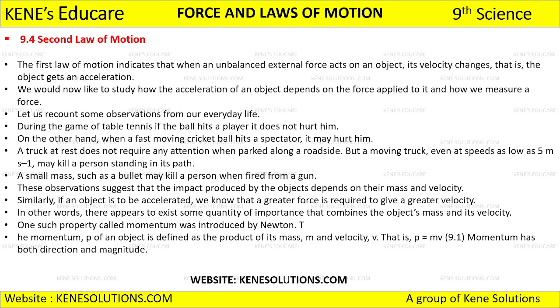The first law of motion indicates that when an unbalanced external force acts on an object, the force is unbalanced and it is external as well. So when an unbalanced external force acts on an object, its velocity will change and the object will get accelerated.